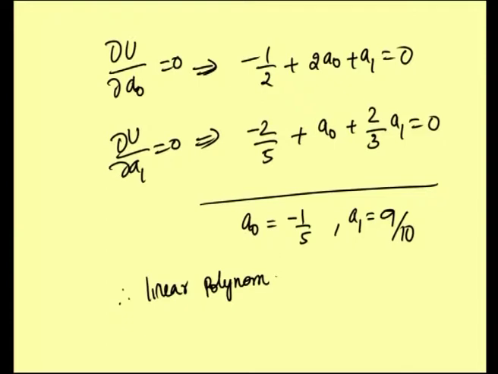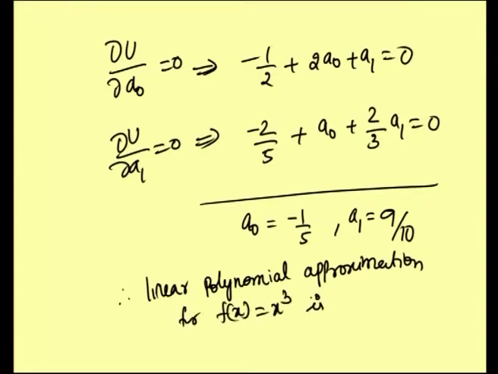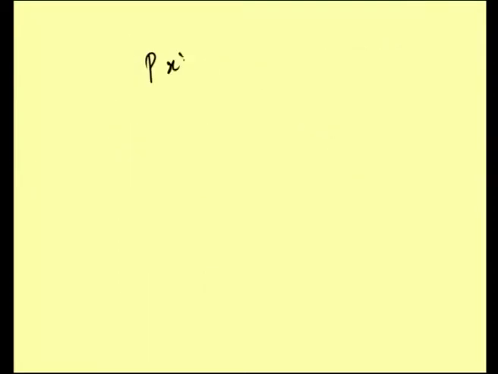Now, a0 and a1 we have found out, that has to be substituted. So, the linear polynomial approximation for f of x equal to x cube is p of x is equal to a0 plus a1 x, and a0 is minus 1 by 5 plus 9 by 10 x.